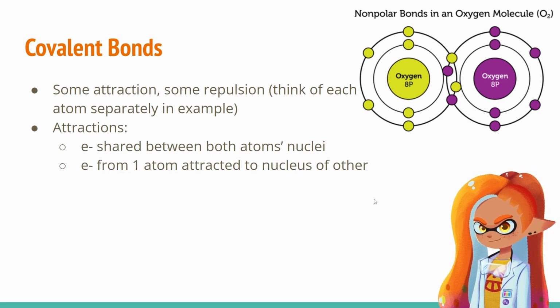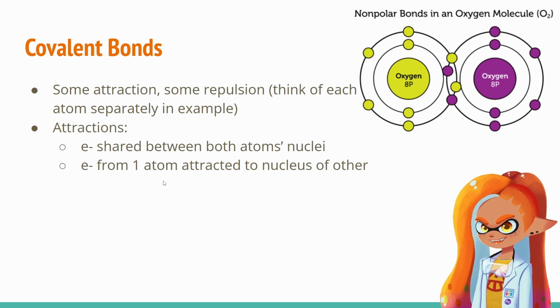When I'm talking about the specific attraction here, the electrons from one atom are attracted to the nucleus of the other, and vice versa if I talk about each of them separately. If I talk about the yellow electrons first, shared in this covalent bond, we have the 2 electrons here, and notice that they're in between both atoms, because again, they're in the covalent bond.